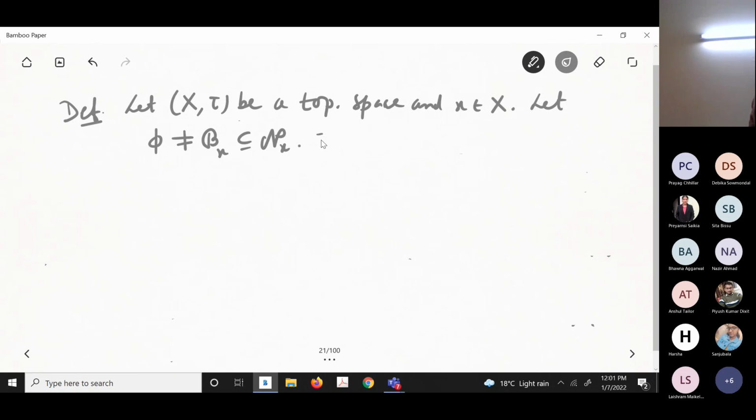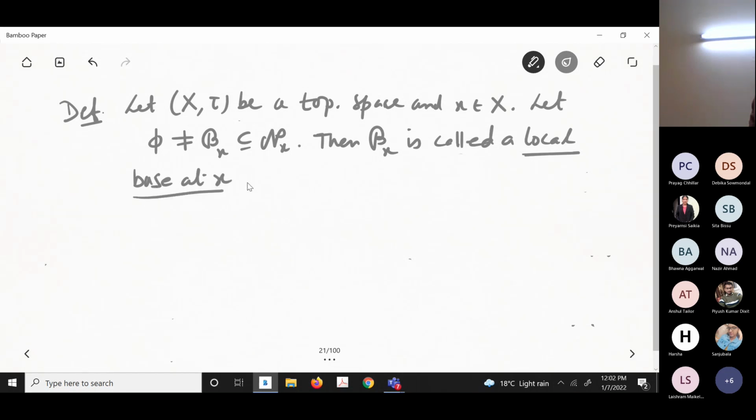It is called local because we are only paying attention to x. The concept of global base I will do later. Related to local base is first countable, and related to global base the concept is second countable.